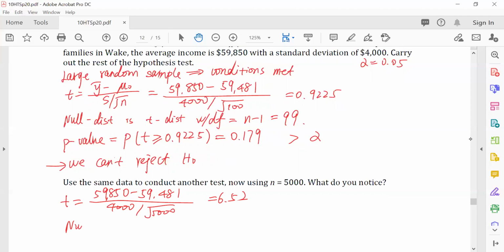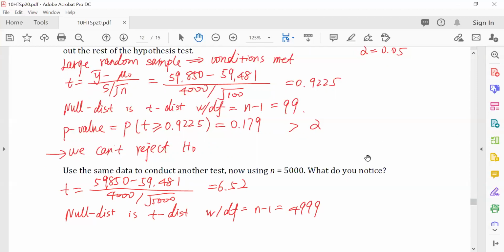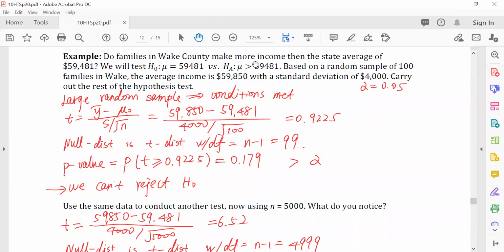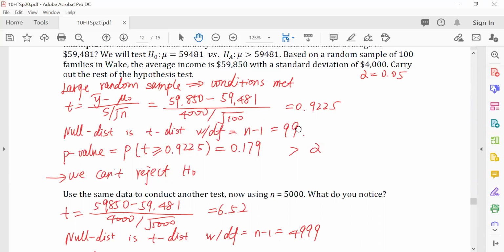Then the null distribution is a t-distribution with degrees of freedom equal to 4999. So the p-value is calculated under H-naught in the direction of HA, where HA is mu greater than 59,481.